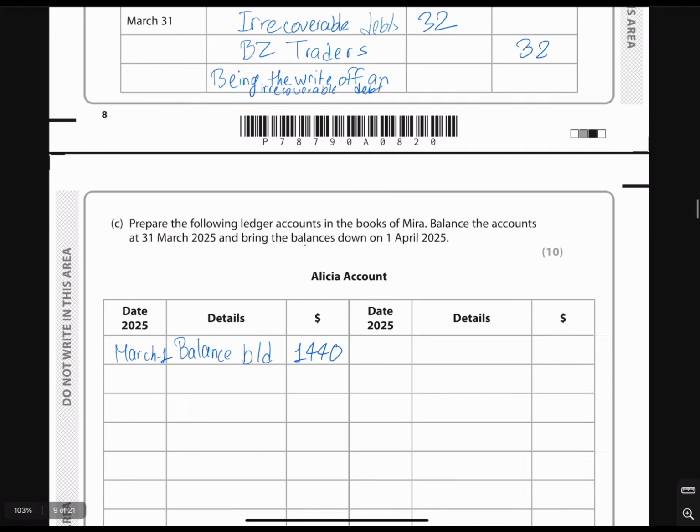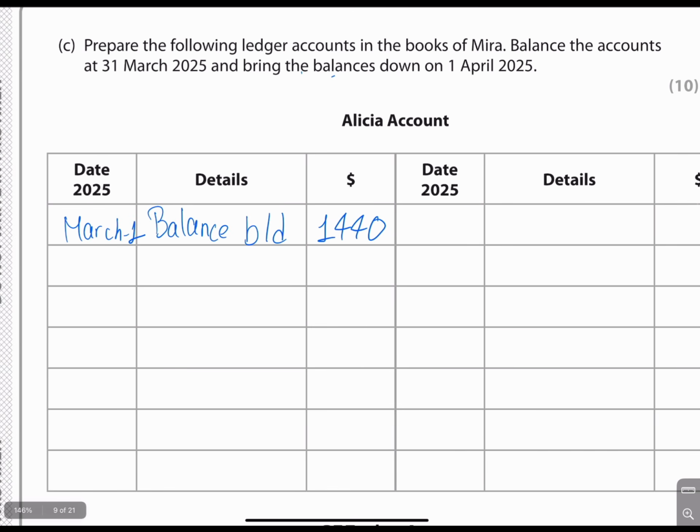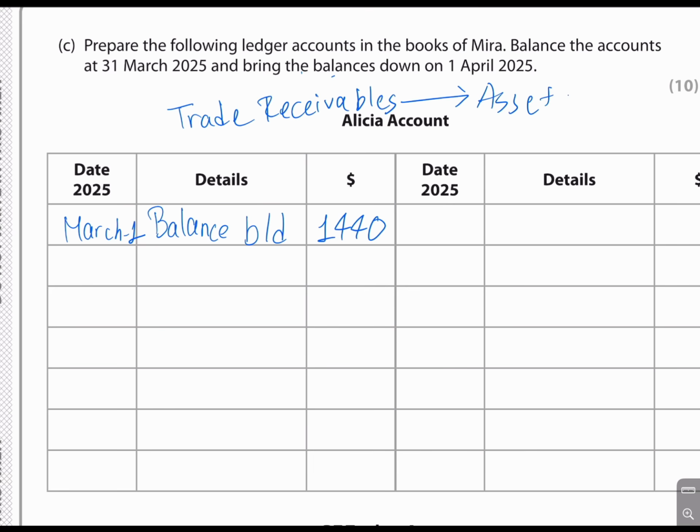So which side do we need to enter this? Always remember that you are selling goods to your customer on credit. Now it increases your trade receivables, right? Trade receivable is an asset, and an asset is a debit item.